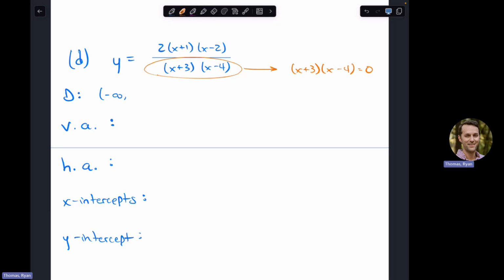I mean, usually no. Sometimes, but usually we don't. Here, what we're doing is finding zeros of the top and finding zeros of the bottom. And if it's already factored, that makes my life a little bit easier. So this gives me -3 and 4 because we've got the factored form. So the domain is everything except -3 and 4.